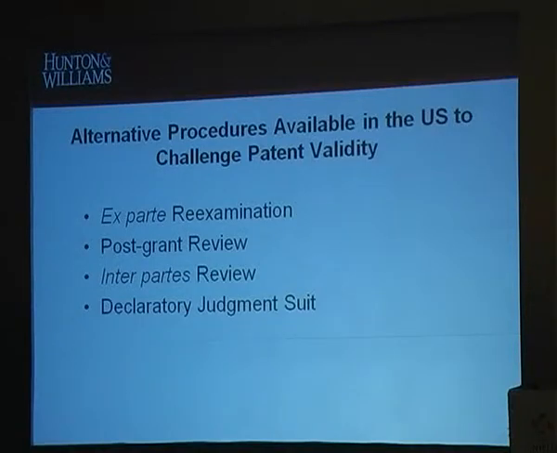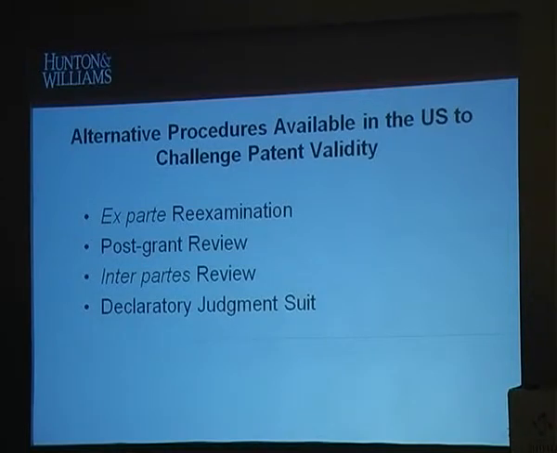The list of the procedures that are available: ex parte reexam, which was discussed earlier, post-grant review, which I'll talk about in a minute, inter partes review, which again Mr. Daniels discussed briefly, and declaratory judgment suit.